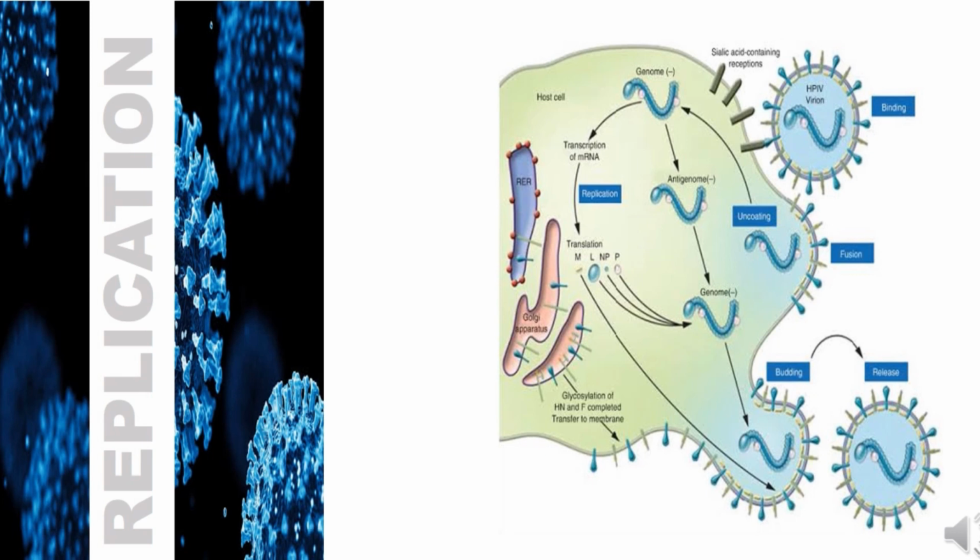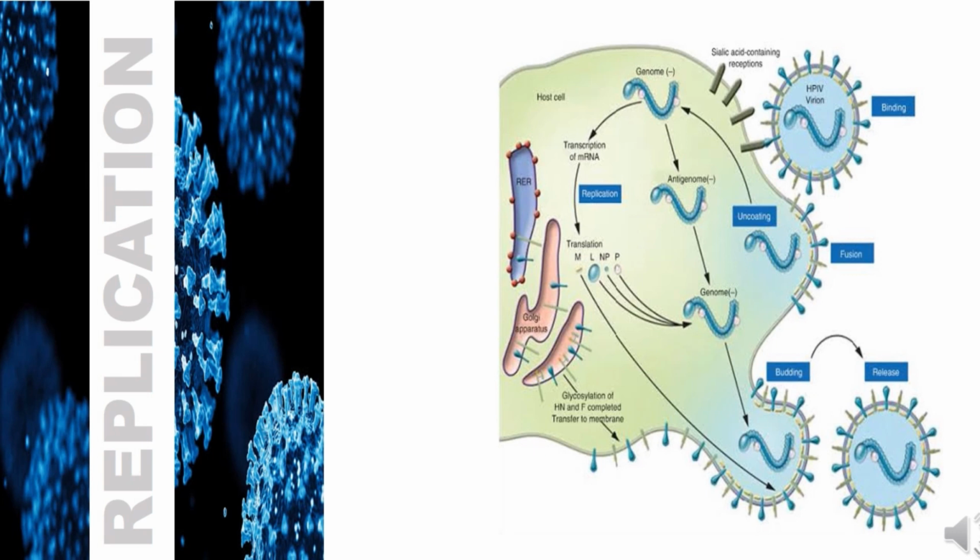The genome is released immediately into the cytoplasm. The genome is transcribed by viral RNA transcriptase to give subgenomic, generally monocistronic mRNA. Shortly afterwards, gene transcription switches into gene replication when full-length positive RNA strands are synthesized, which act as a template for RNA replication.